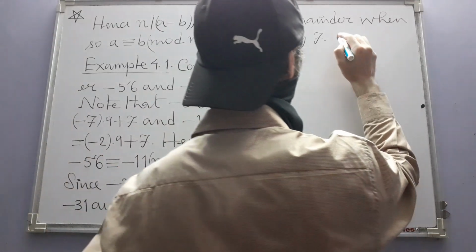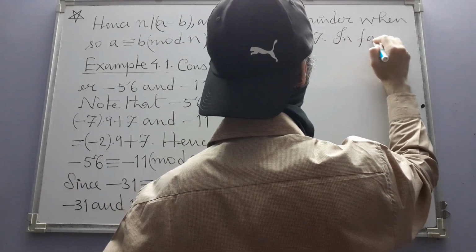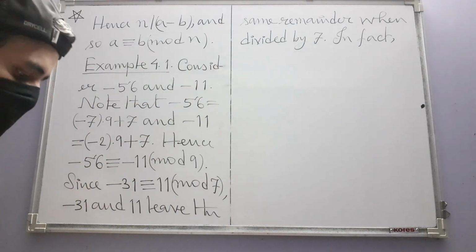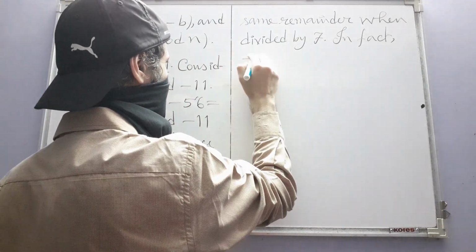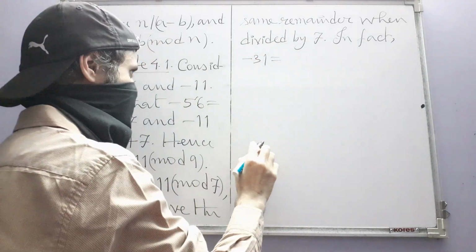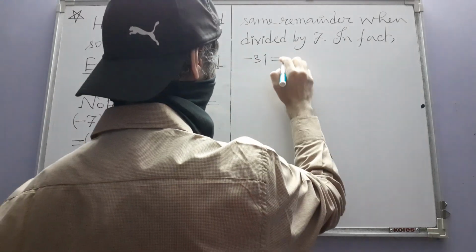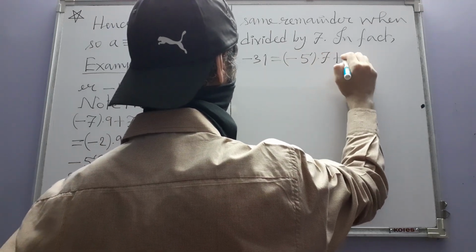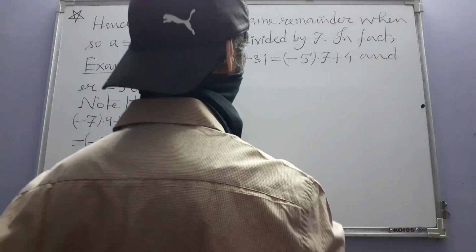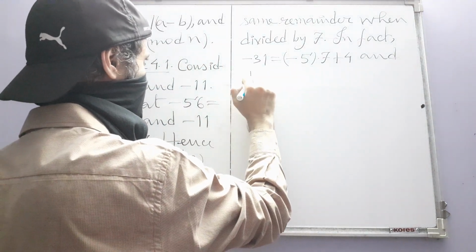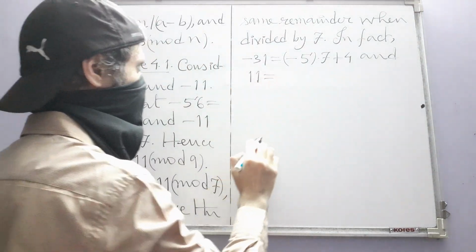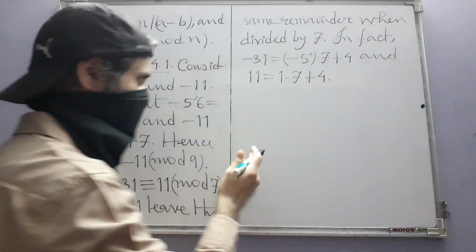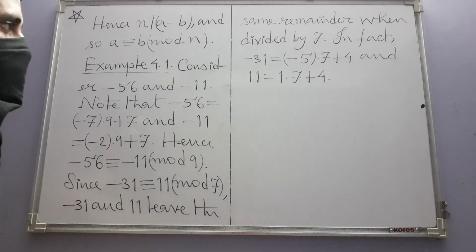And in fact, these are the equations for those divisions. Minus 31 is equal to minus 35 plus 4, right? Minus 5 times 7 plus 4. And 11 is simply 1 times 7 plus 4. So yes, they are leaving the same remainder, 4.